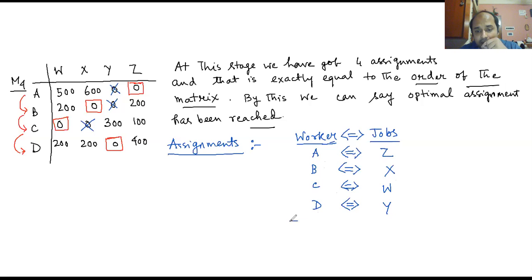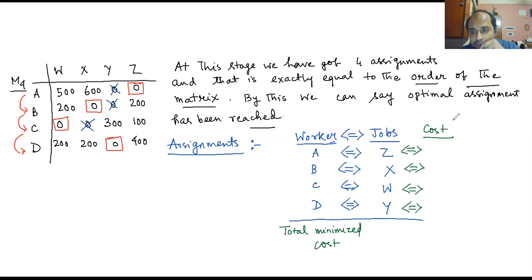And what is the total cost? How to calculate it? Total minimized cost. I am going to calculate right now. For this, I have to put another column, and I am going to write the costs over here.